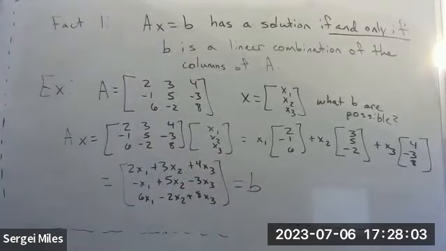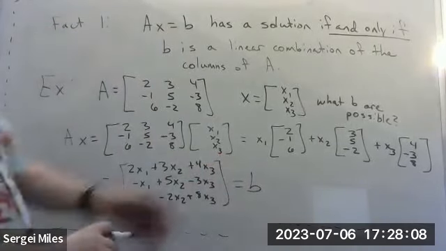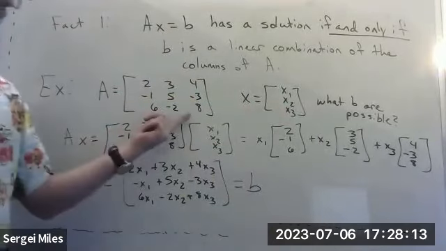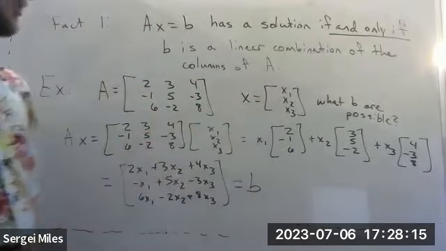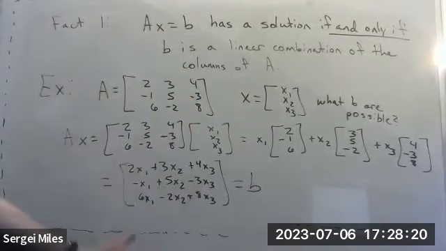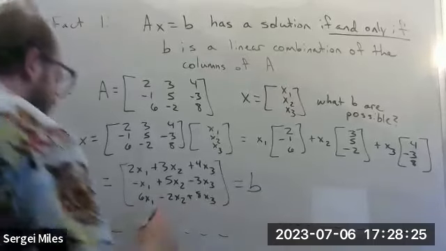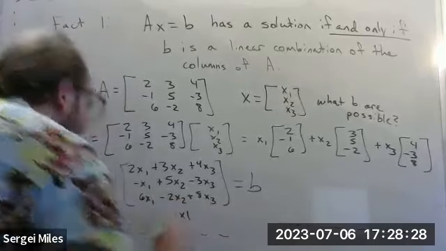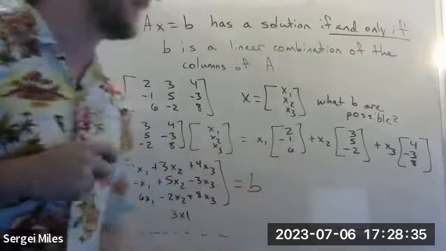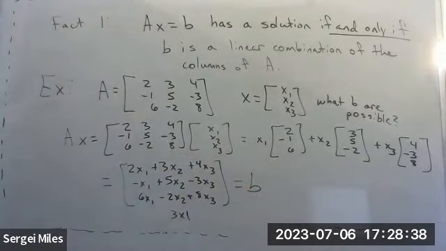Pick your favorite x1, x2, x3. Doesn't matter. That is then one possible combination of these columns. Whatever x1, x2, x3 you pick, plug them in, and this tells you what that combination is. You get a new column vector. This is a 3 by 1 column vector. And so matrix multiplication, we can define in this way as a linear combination of the columns.